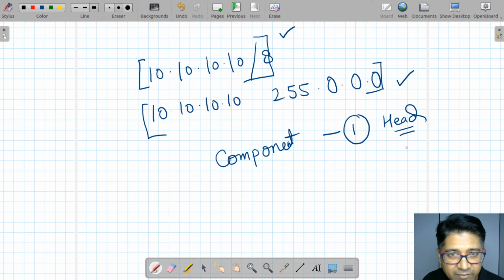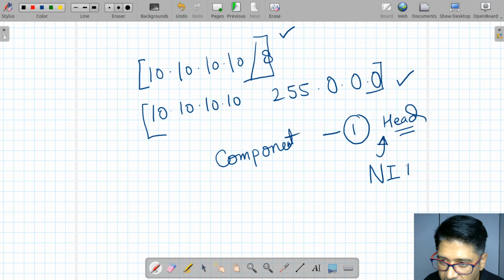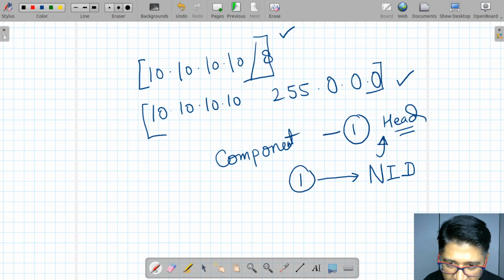Every family has a head, like the father or grandfather, and you take permission from them. In the same way, the entire network is known by the IP that is called the network ID.